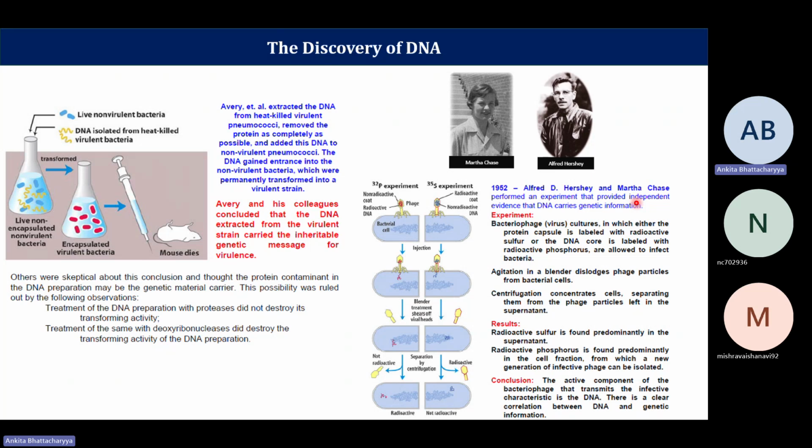What they did was they used these labeled bacteriophage cultures and allowed them to infect bacteria. Then they agitated it in a blender, which removed the phage coat, and then they concentrated the cell pellet and checked whether that cell pellet was radioactive or not.